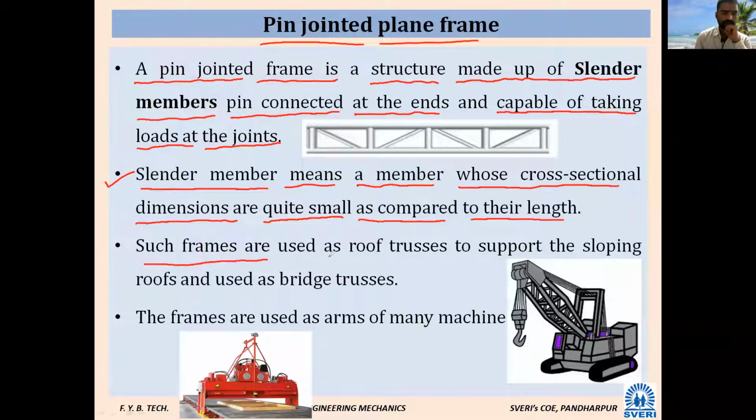Such frames are used as roof trusses to support the sloping roofs, and used as bridge trusses.